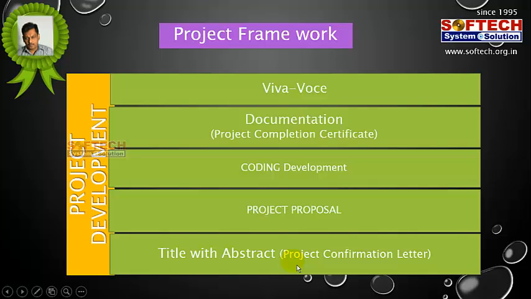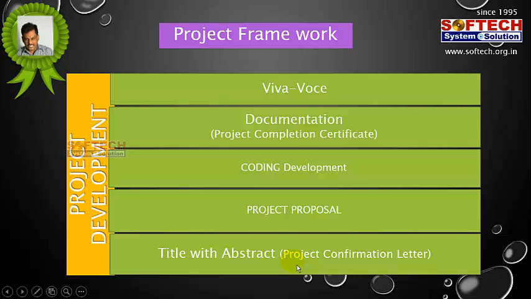So first we create the abstract, existing system, proposed system, existing system demerits, proposed system merits, then software and hardware specification, software and hardware definition, then modules, module description, the system diagram, context diagram. Then we create the database tables, the table structure, that is field name, field size, field description.